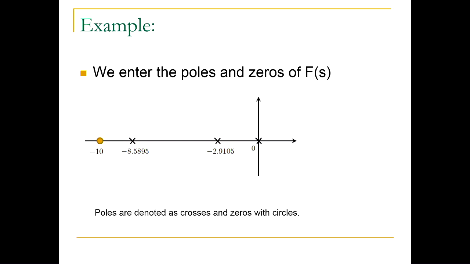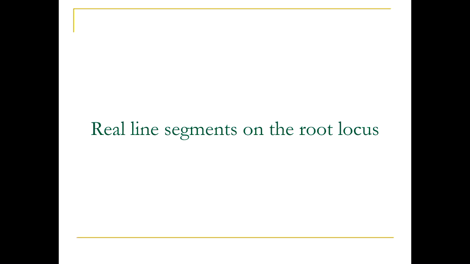Always you need to insert these things in the complex plane when you are plotting a root locus. It's an essential feature of any root locus. Now we need to determine segments of the real line that belong to the root locus. Now you may ask yourself, why do I bother about the real line?